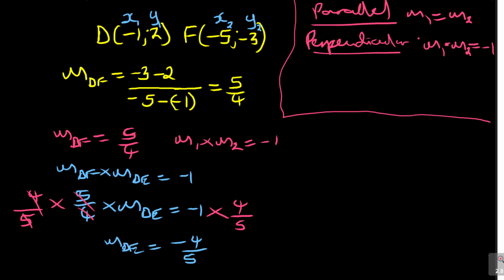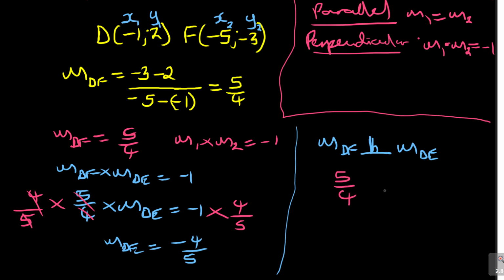So in simpler terms, how can you get this answer? If M of DF is perpendicular to M of DE, what I need is to know the gradients. Now I know the gradient here is 5/4.